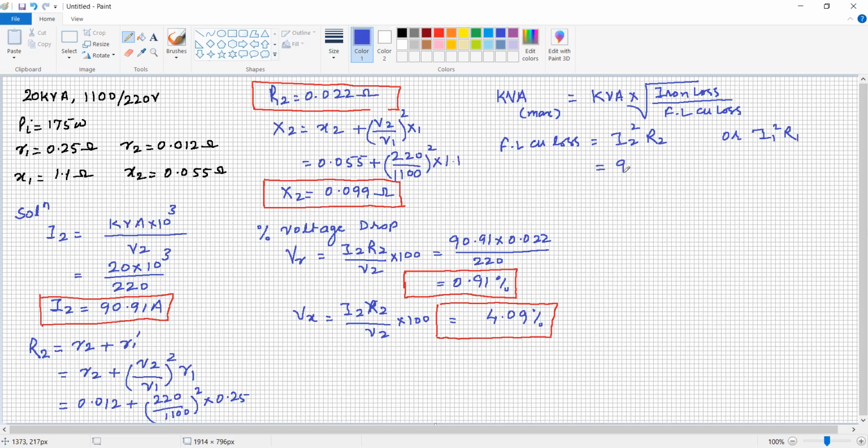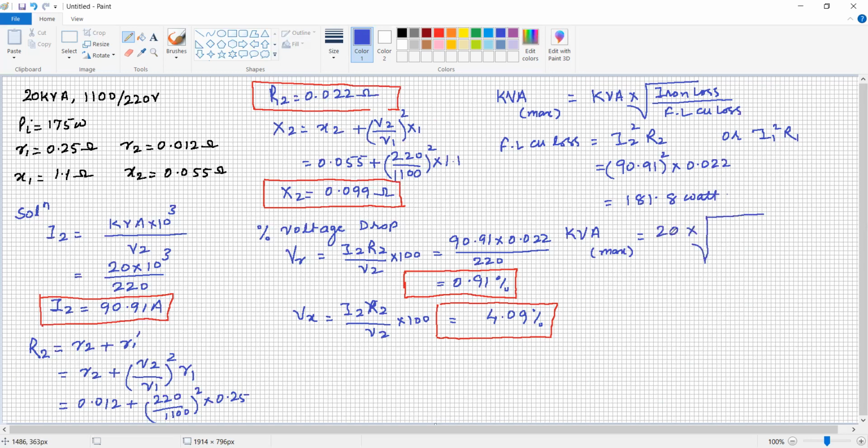So current is 90.91 bracket square and resistance is 0.022. Therefore, full load copper loss is 181.8 watt. Okay. So kVA rating under maximum efficiency condition is 20 kVA under root.